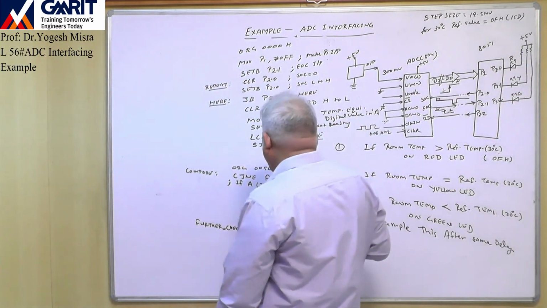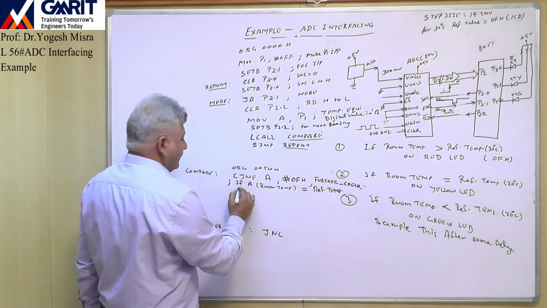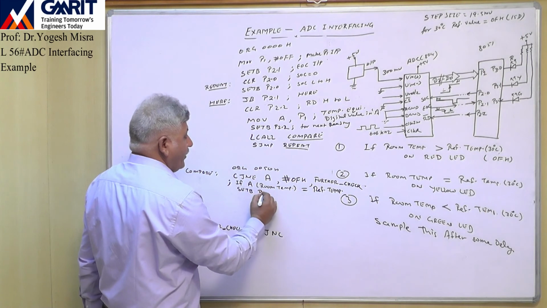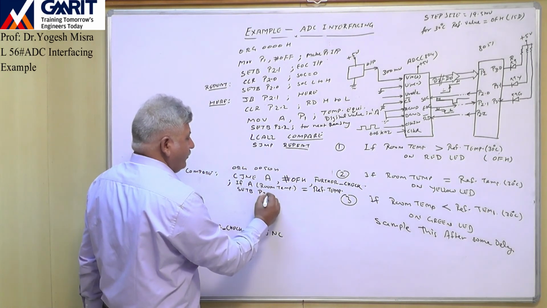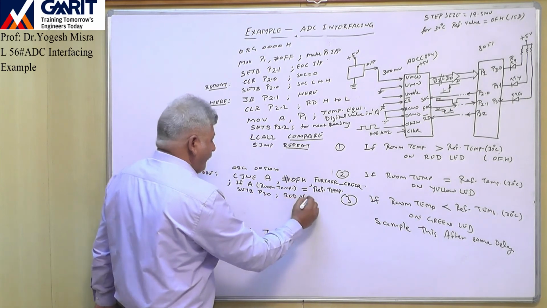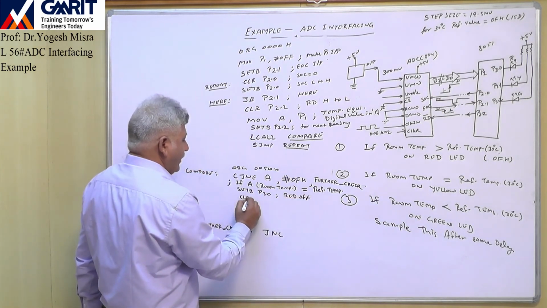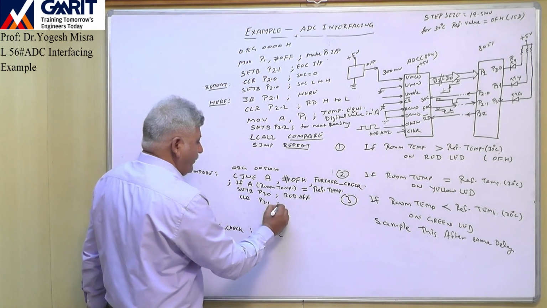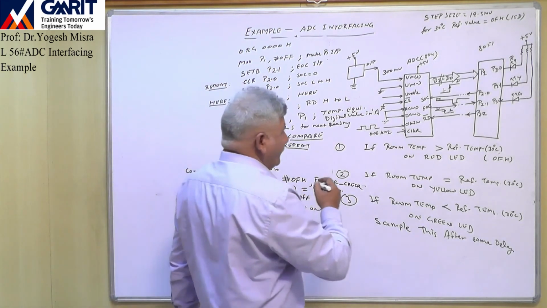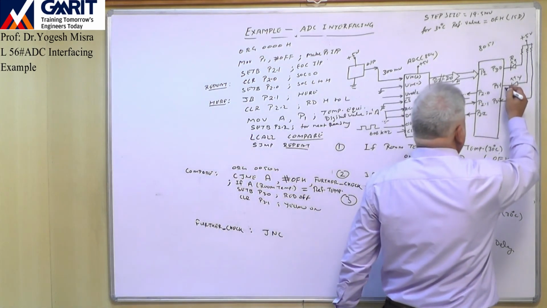So first we will make the red off. For this, SETB P3.0. This will make red off. Then CLR P3.1. It will make yellow on. We clear this pin, we make it 0.